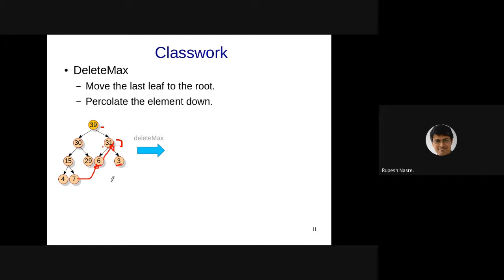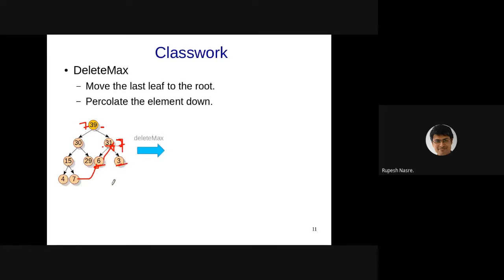The wrong thing was, we should not just percolate the hole down, we should replace this element 39 with 7 and move that element down, not the hole. And therefore when 7 is compared with 31, 7 comes down, so that is okay here. But after that, 7 needs to be compared with 6 and 3 before you choose the maximum of the two.